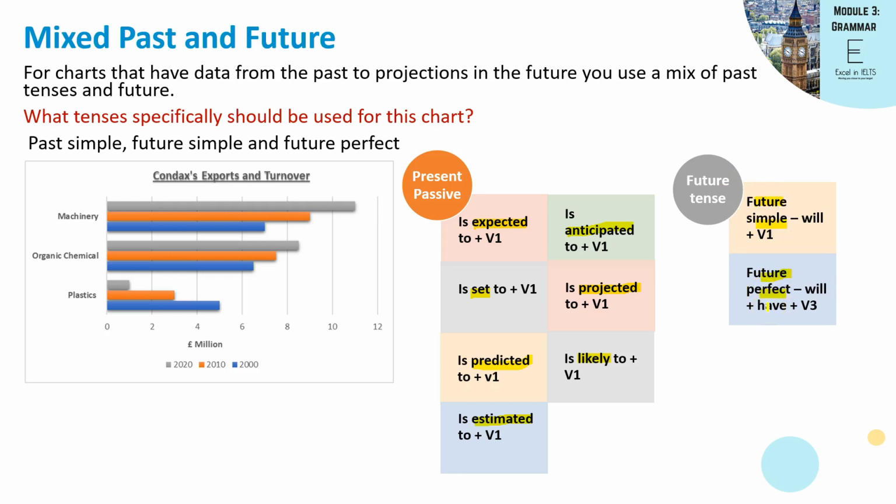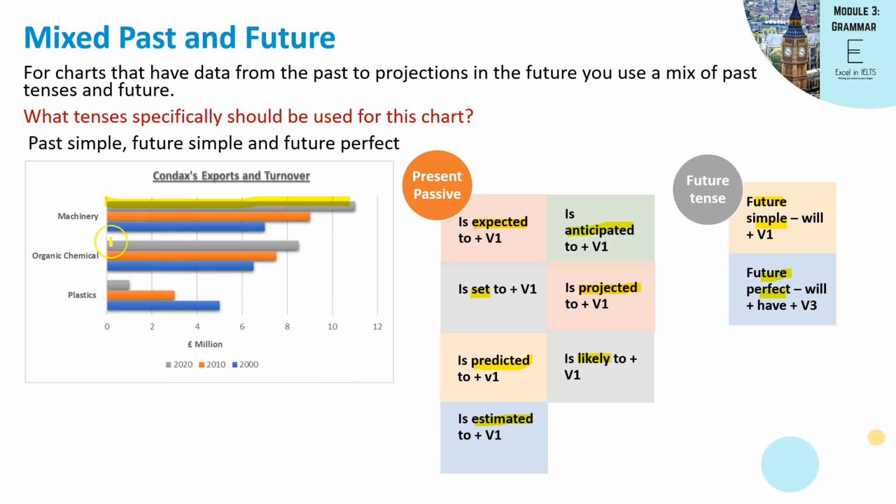When it comes to projections, I would recommend you use a mix of present passive and future simple and future perfect. So if we have a look at machinery, machinery in 2020 is expected to reach about £11 million in sales.